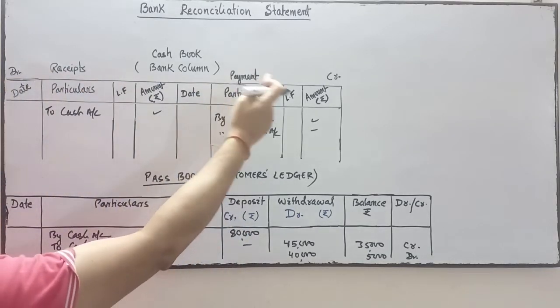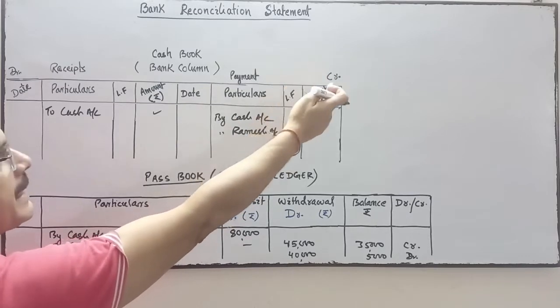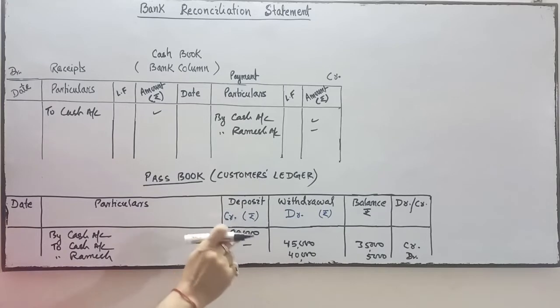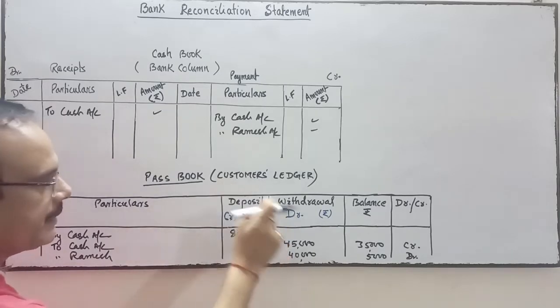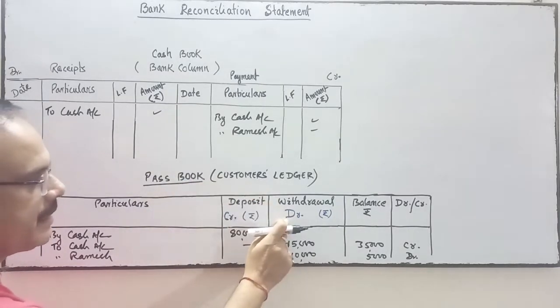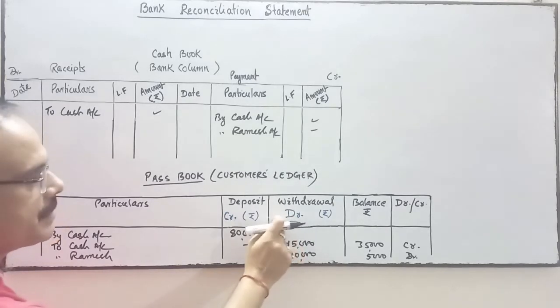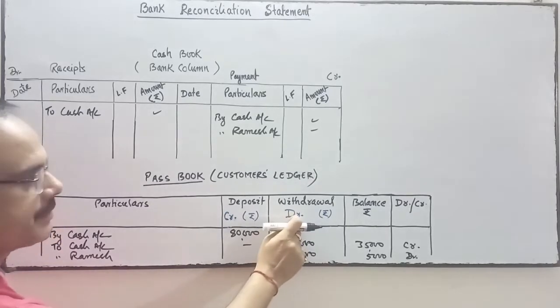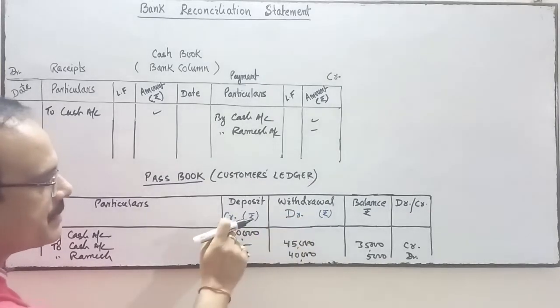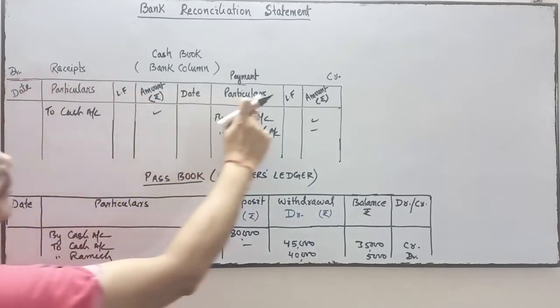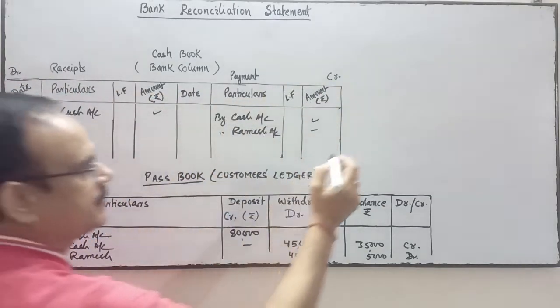And when we make payments, we write on the credit side in the cash book, and the same is recorded by the bank in the passbook in the customer ledger in the withdrawal column, and it is debit. Withdrawal is debit, deposit is credit, and here deposit is debit and withdrawal is credit, just opposite.